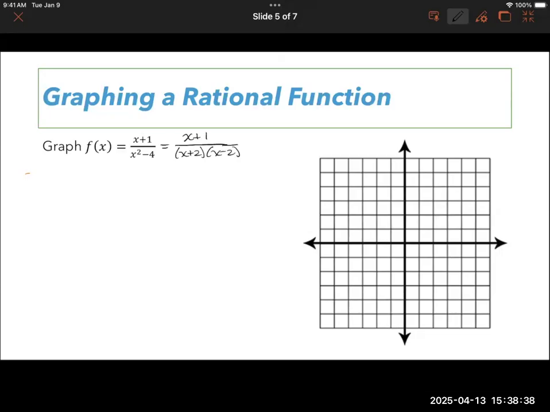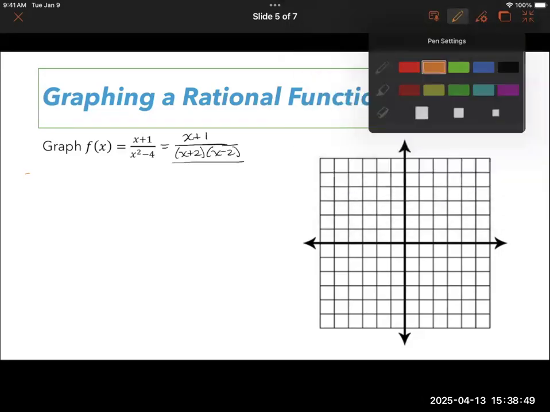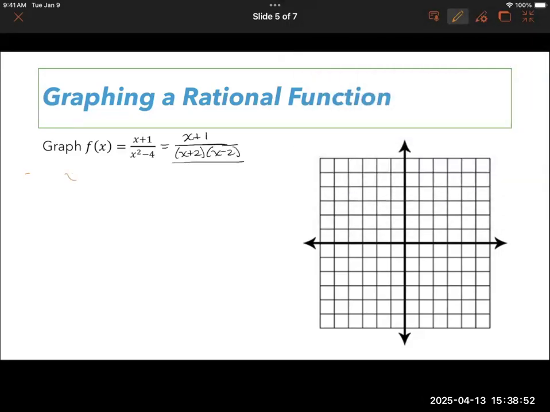Okay, so looking at this, we realize based on the denominator that we cannot have x equal to a positive 2 or x equal to a negative 2.